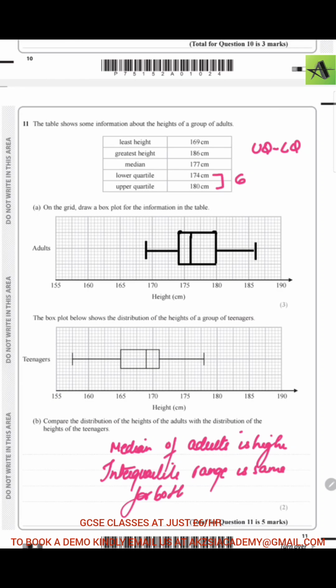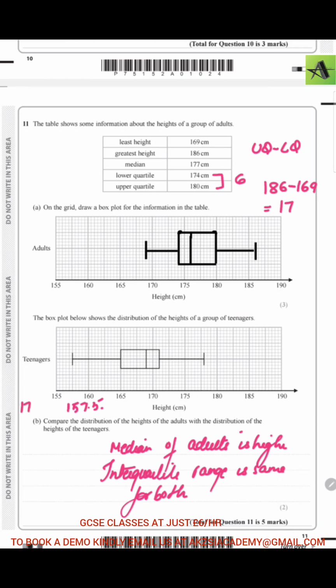We can calculate the range as well. So here range is what? The highest value minus the lowest value. So 186 minus 169, which is 17. And here this would be 157.5, and this one is 178.